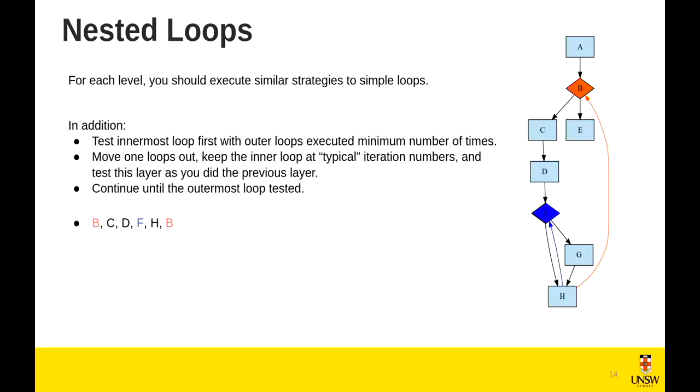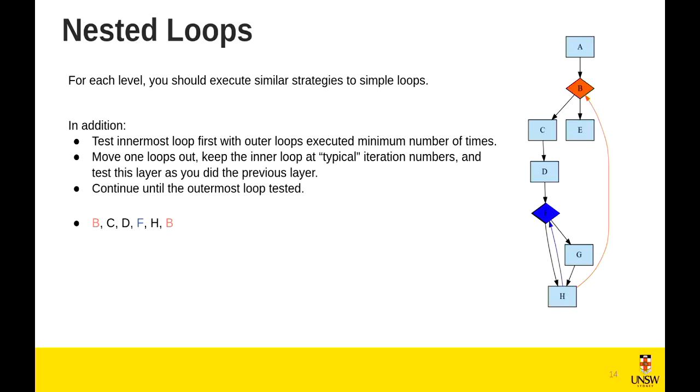So for example, what we can do here is, let's try to do the first step. For this inner loop, we only care about what's happening inside the loops, so we don't need to care about E and A. For this inner loop, we can try to test it for 0 times.